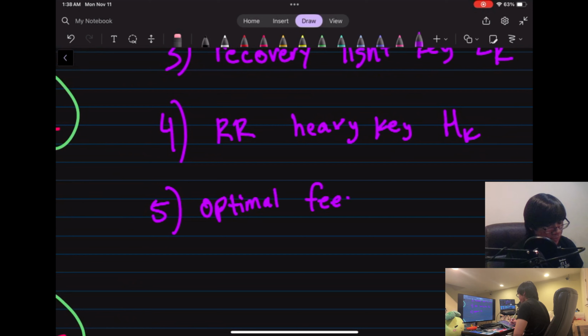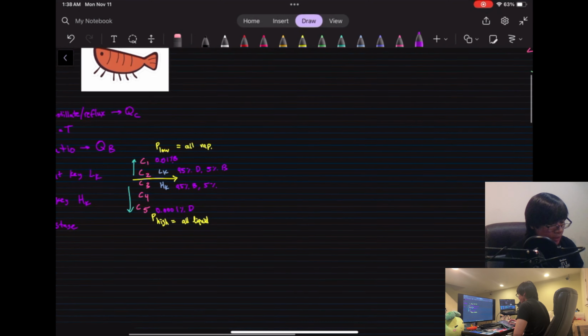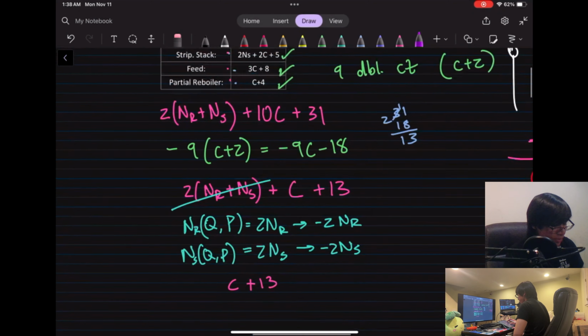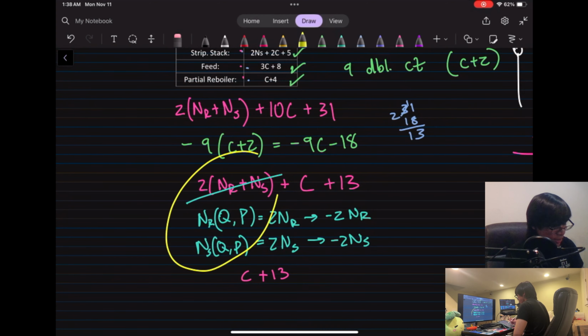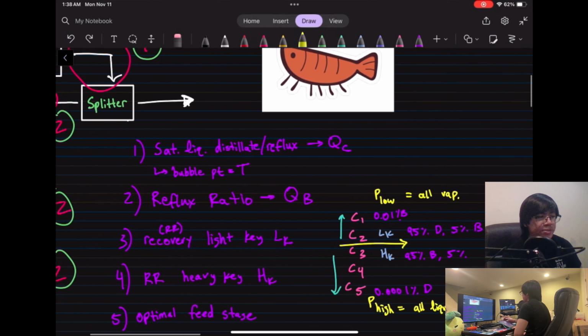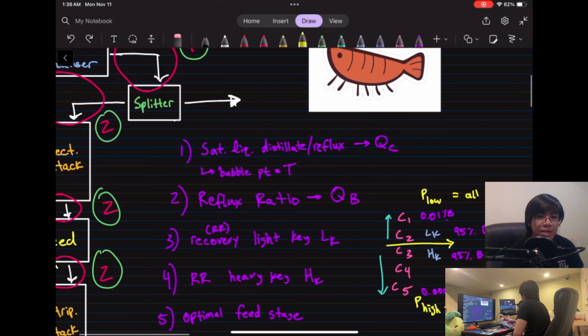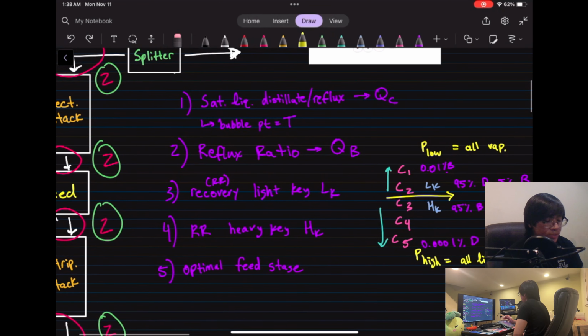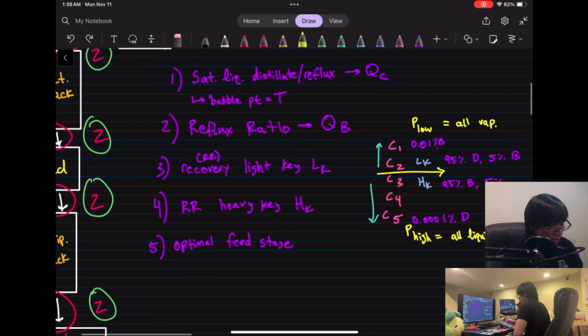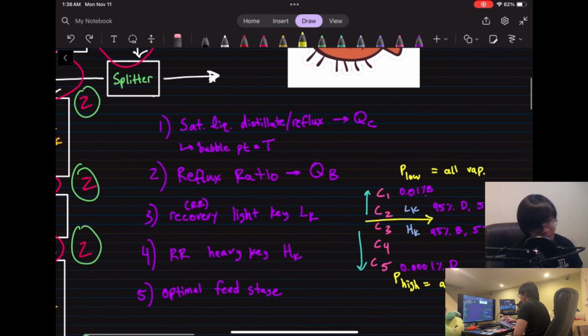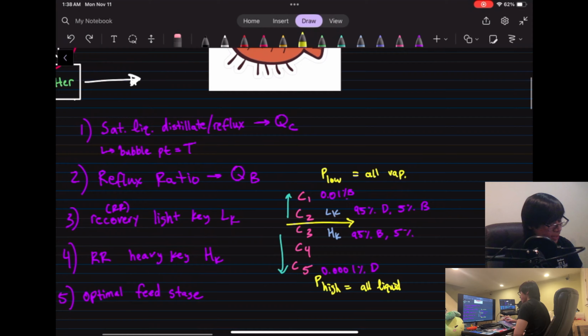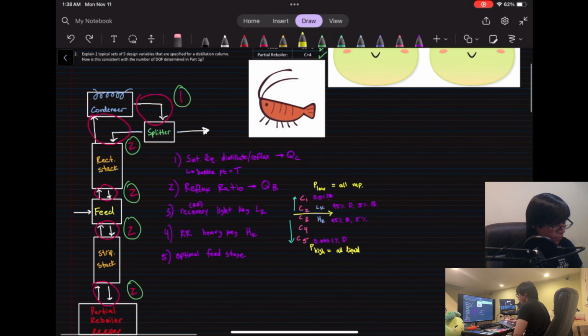This comes from the fact that when we set our number of rectifying and stripping stages, which we crossed out, that was the degree of freedom we were setting. When we set those numbers of stages, essentially we're also saying where the optimal feed stage is. So the optimal feed stage becomes one of our 5 degrees of freedom that we use as a variable specification for our distillation column.